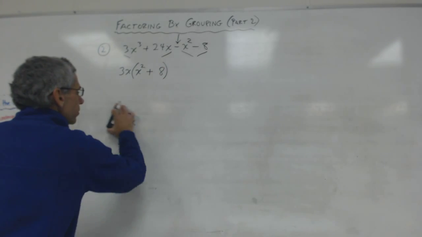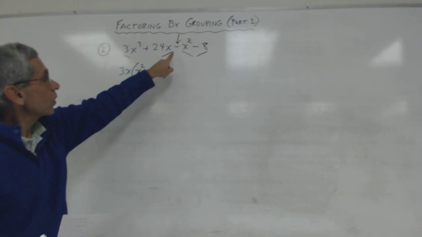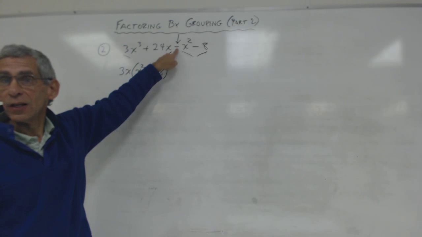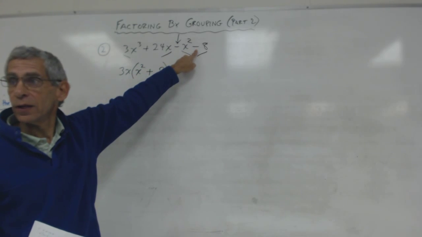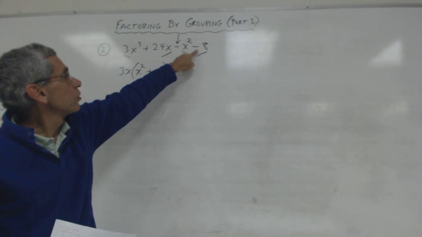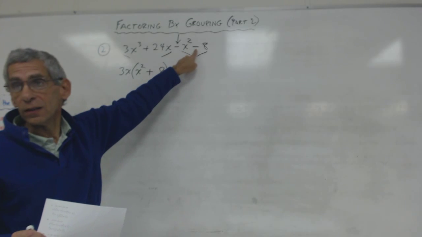Now comes this part. Now notice, right now, this negative sign does not affect this sign. You agree with me? This is minus x squared minus 8. This does not affect this.